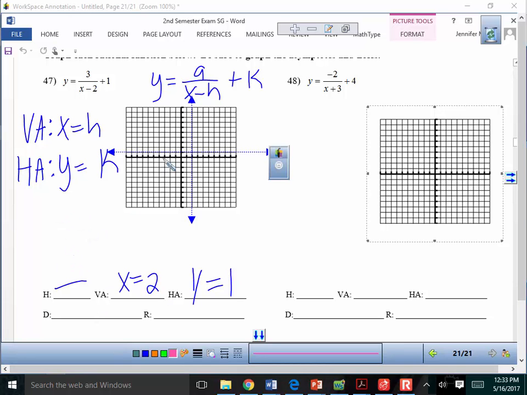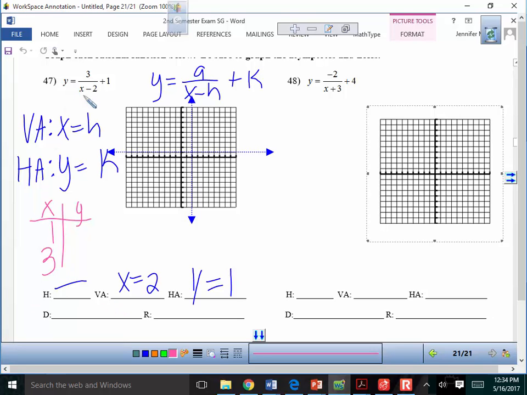And what points go in our table? Well, we can't pick our h because our h is an asymptote, which means it's not going to get there, remember? So let's pick a number less than that and a number greater than that. A number less than our vertical asymptote would be 1, and a number greater would be 3.